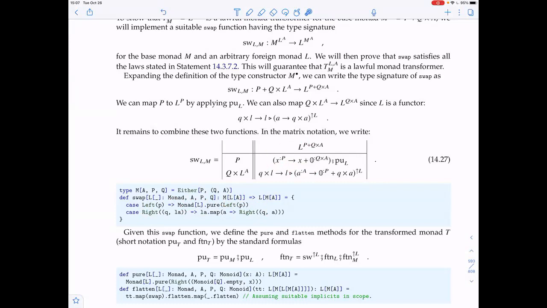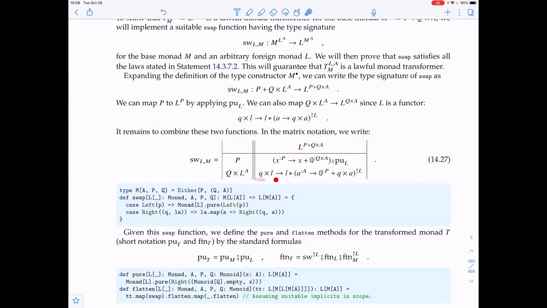And this notation does not have that. Instead, this notation directly indicates the types. For example, here is the type P, and here's the type Q times LA. So this is the type P here. The value of type P is mapped into this. And the value of type product Q and LA is mapped into this with this function.